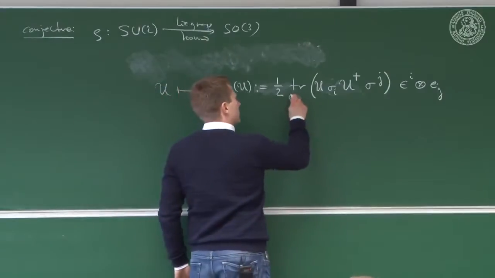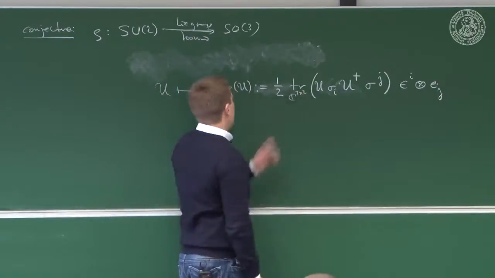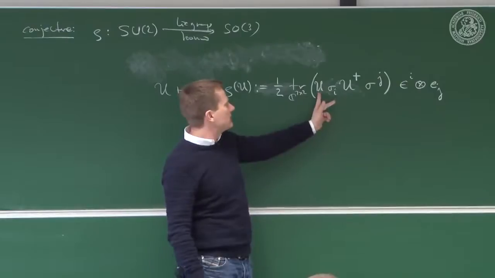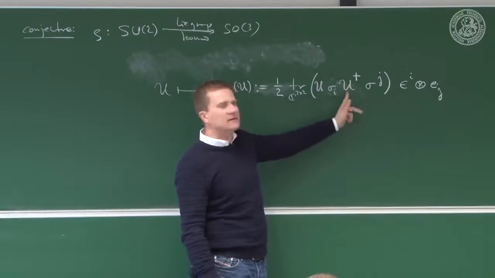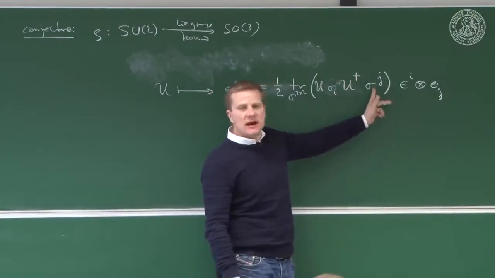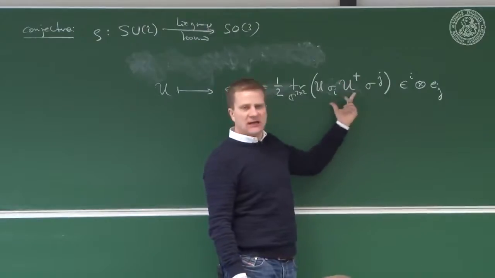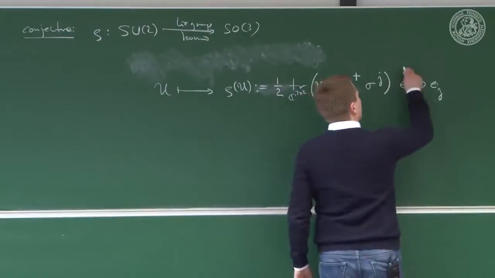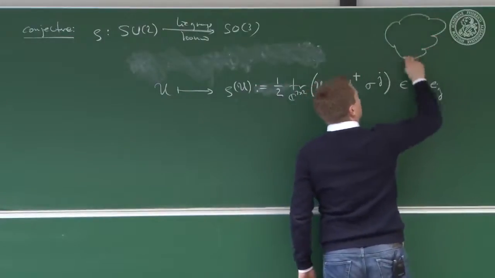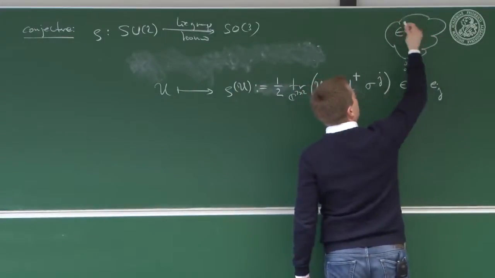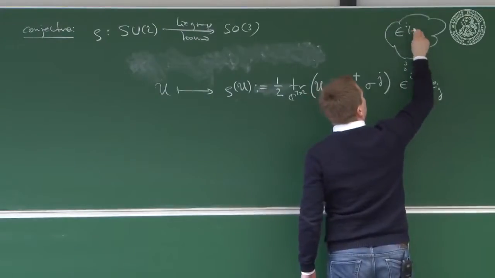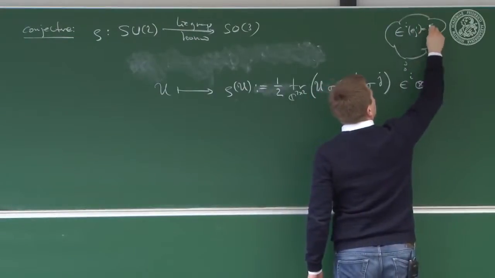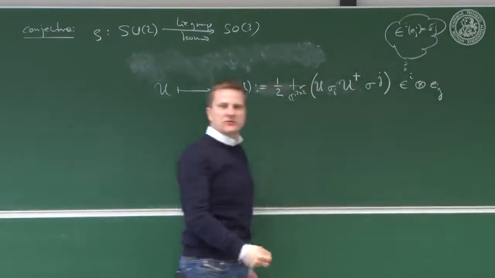This is the trace over the complex 2x2 matrices. I employ this U matrix, then I take the sigma I, the U dagger, and the sigma up J. Then I have IJ running from 1 to 3. And here, epsilon I is the dual basis to the E_I that I defined. So epsilon I acting on EJ is delta IJ. It's the dual basis of the dual space.